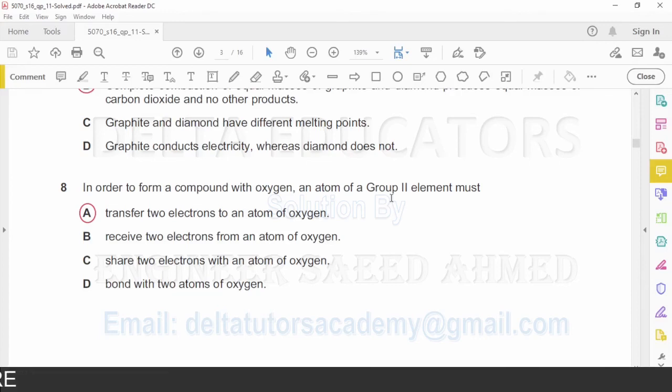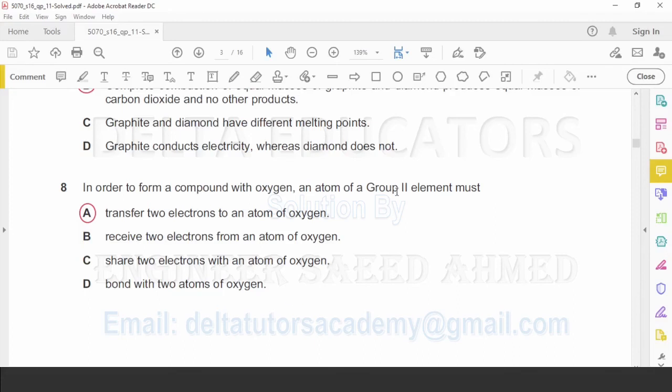Option C, share 2 electrons with an atom of oxygen. No, when an element of group 2A reacts with 6A group member, there is always transference of electron and an ionic bond is formed. So sharing of the electron is not possible here. Option D, bond with 2 atoms of oxygen. It is also not possible option.